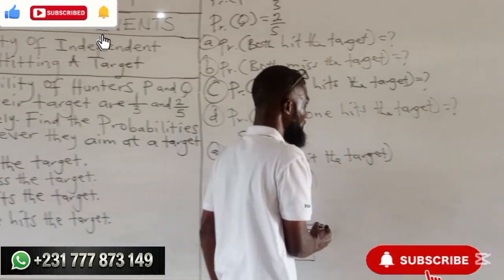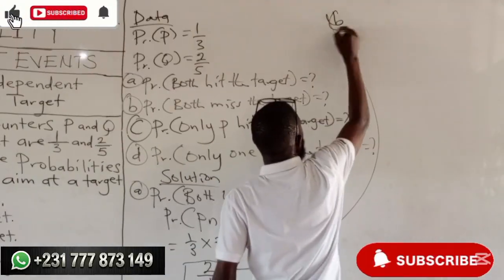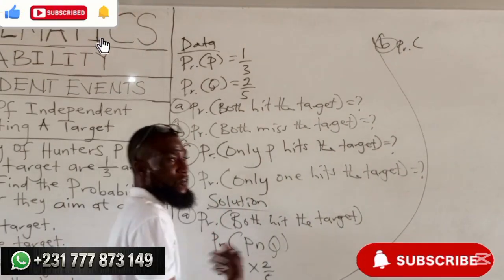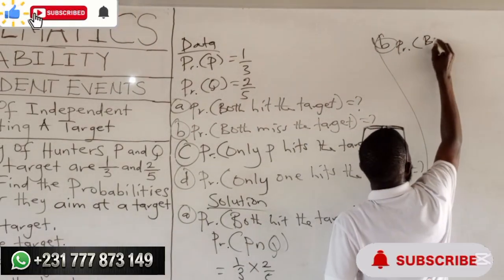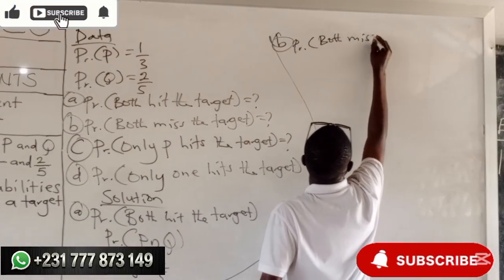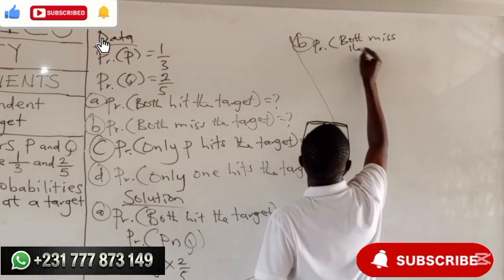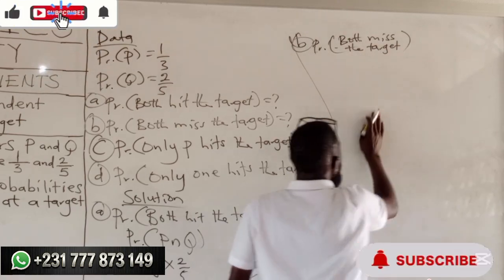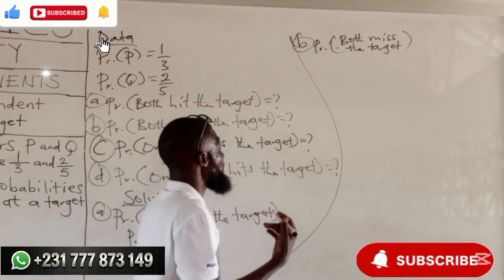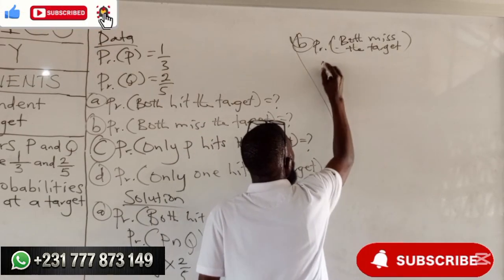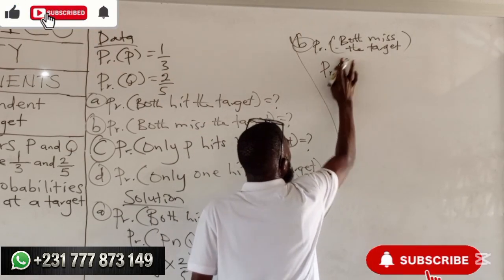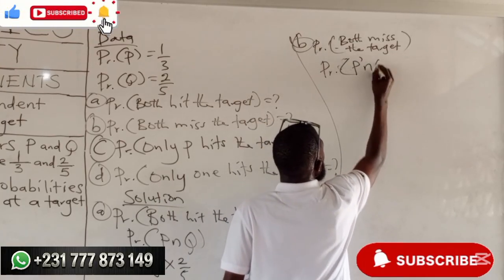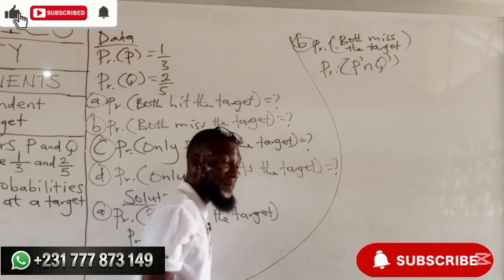On this note, ladies and gentlemen, we say B, the probability that both miss the target. The probability that both miss the target will be expressed as the mathematical formula: the probability of P complement intersection Q complement.